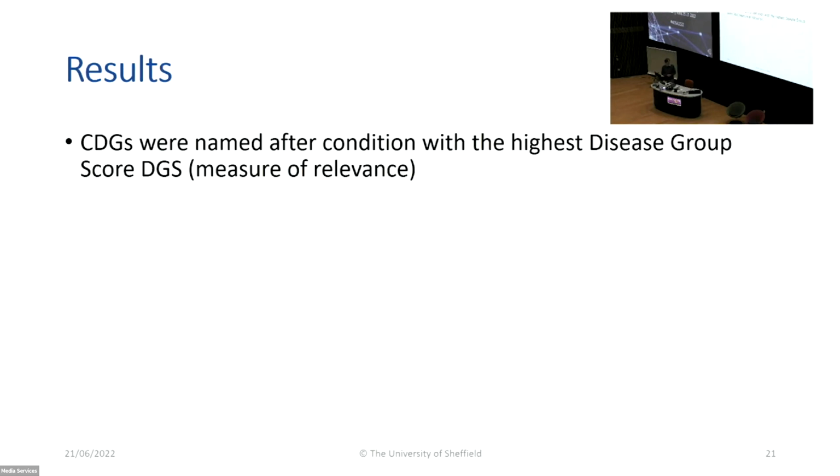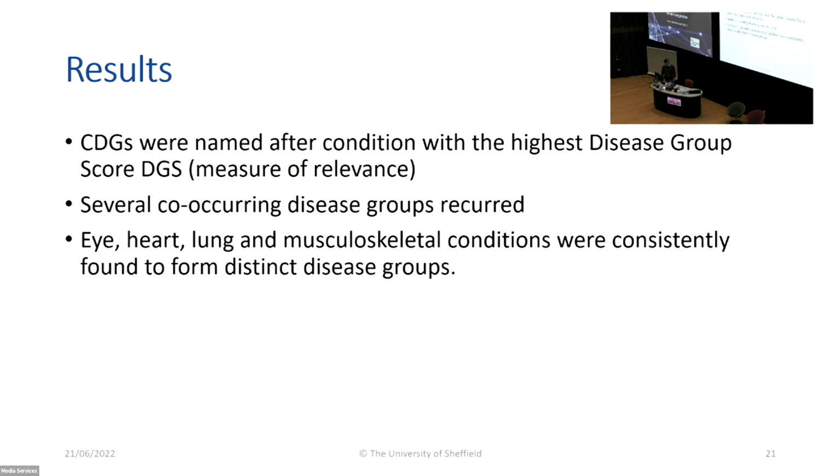More results. These characteristic disease groups, we named them after the condition with the highest disease group score, which essentially measures how prevalent a specific condition is in a specific disease group. So out of the clusters of those time points, which conditions were most unique to a specific disease group. During our optimization, there were a number of disease groups that co-occurred.